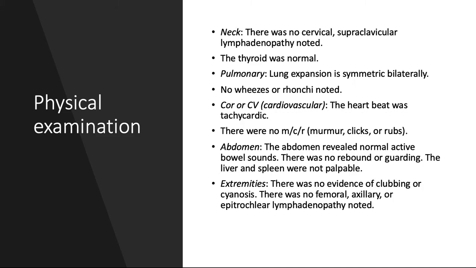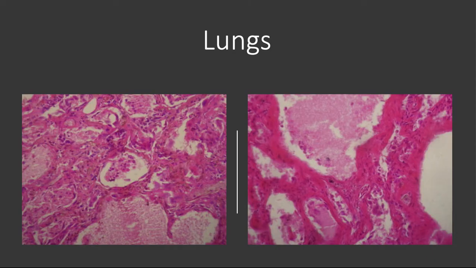The abdomen revealed normal active bowel sounds. There was no rebound or guarding. The liver and spleen were not palpable. There was no evidence of clubbing or cyanosis. There was no femoral, axillary, or epitrochlear lymphadenopathy noted. To make a definite diagnosis, an autopsy was performed.